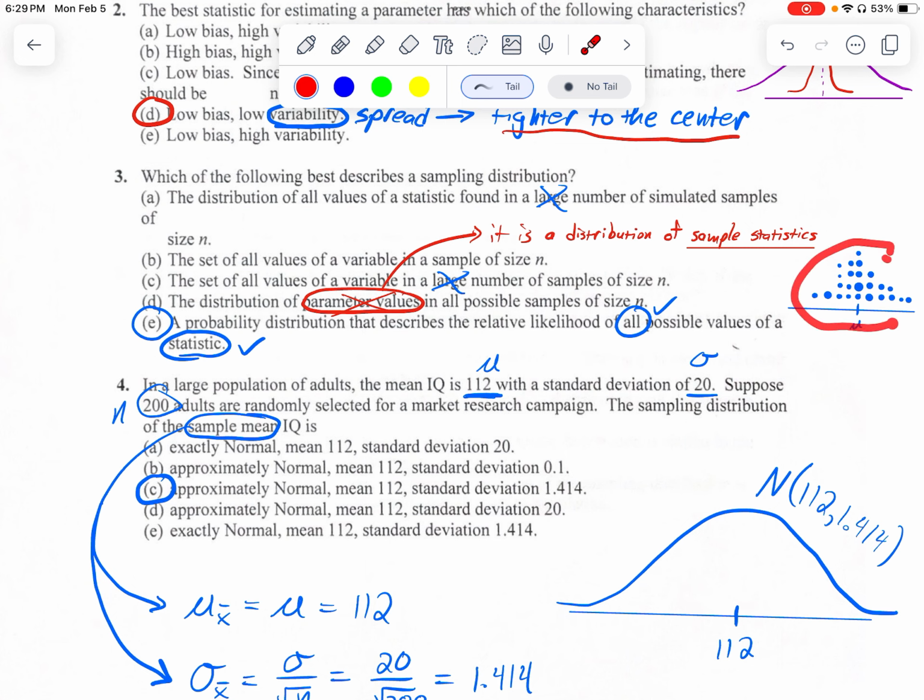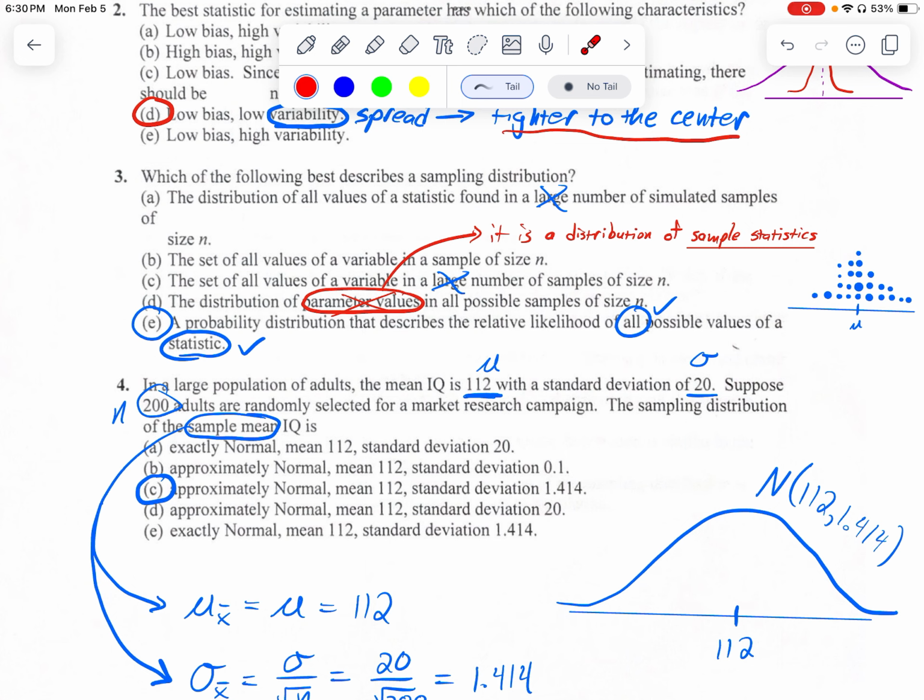So technically, we've never done this in class because we have not put a dot on the board for all the possible samples, all the possible values that it could take on. So there would be like hundreds, if not thousands of dots to make it a sampling distribution. It is not D because this is a distribution of the parameter values.